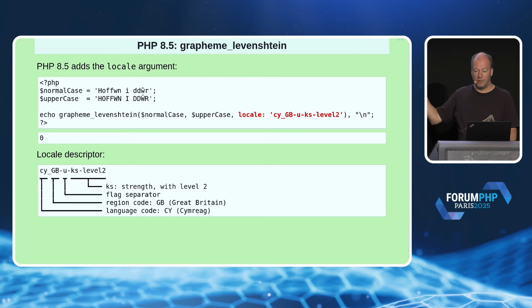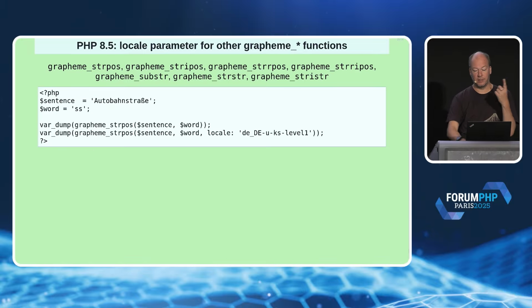So for Levenshtein, which probably not many of you use, at least I never used it in anger, this is not so useful, but it is also something that we added to all the other grapheme functions. So if you want to do a string position, which sometimes depends on the locale, like if you have a Turkish I, right? Turkish has 2 I's, one with a dot and one without a dot, and an uppercase version of both of those, which English doesn't have.